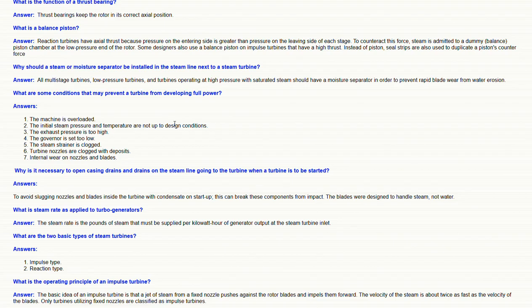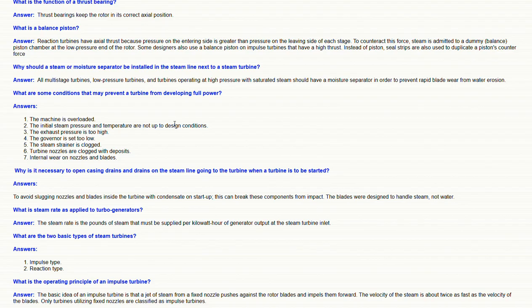Number one is your strainer. If it has any sludge, dirt, or corrosion on it, and the incoming section is blocked, steam is not coming to the turbine, then your turbine will not give you the full power. That was the main reason.